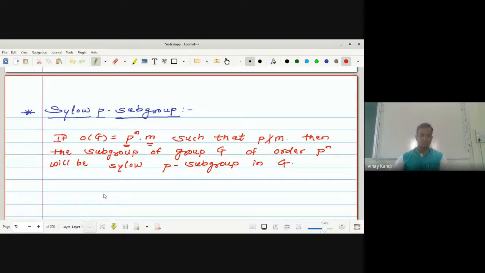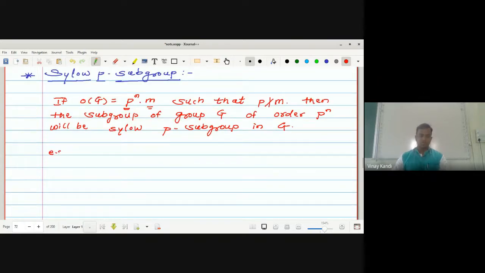For example, suppose the order of a group G is equal to 24. This 24 we can write in this form: 2 cube into 3. Is it correct? What is the value of P here? 2. What is M?